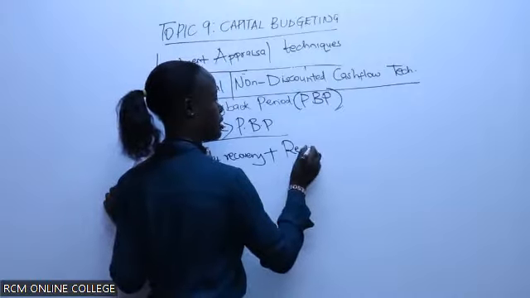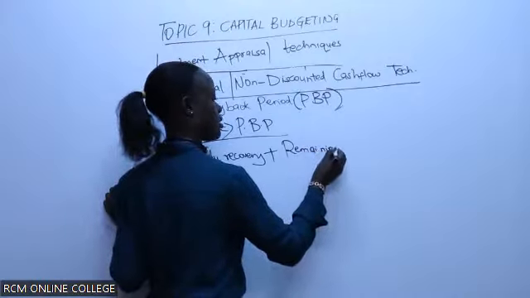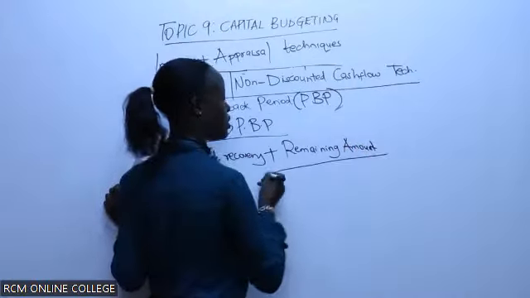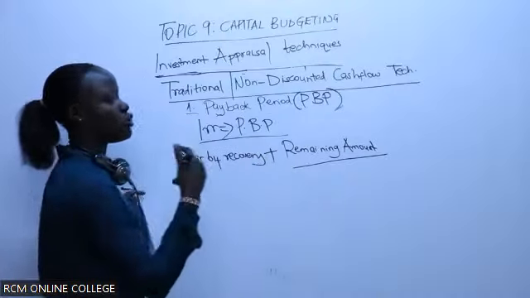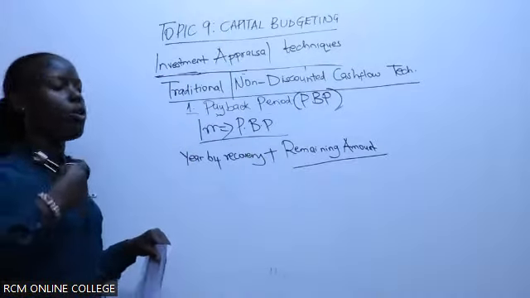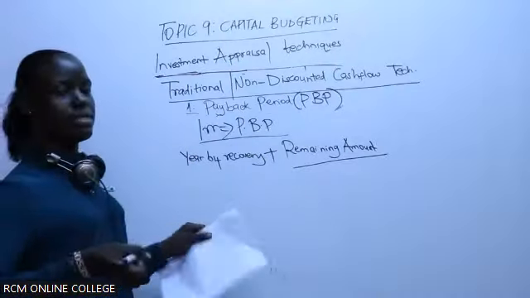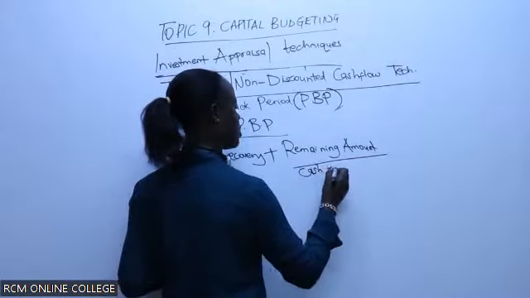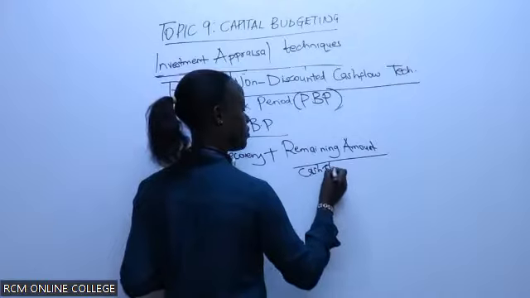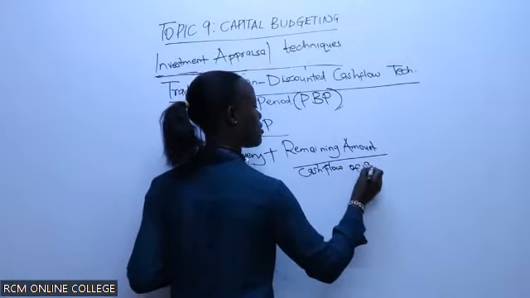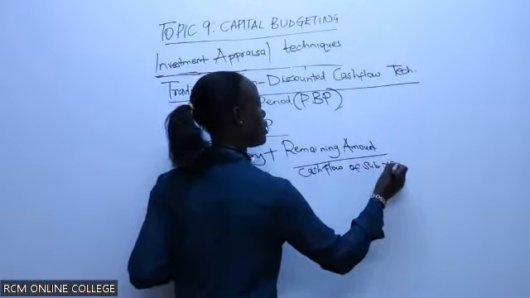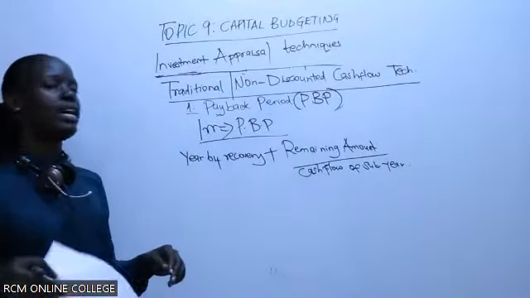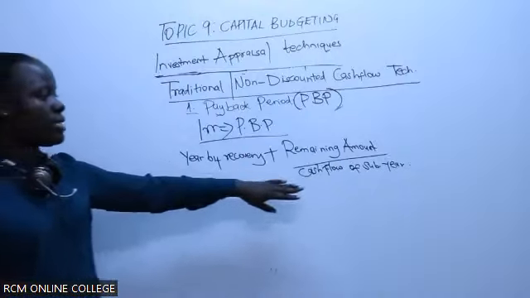But this remaining amount you divide by the cash inflow of the subsequent year, the year after recovery. I guess that is very clear.